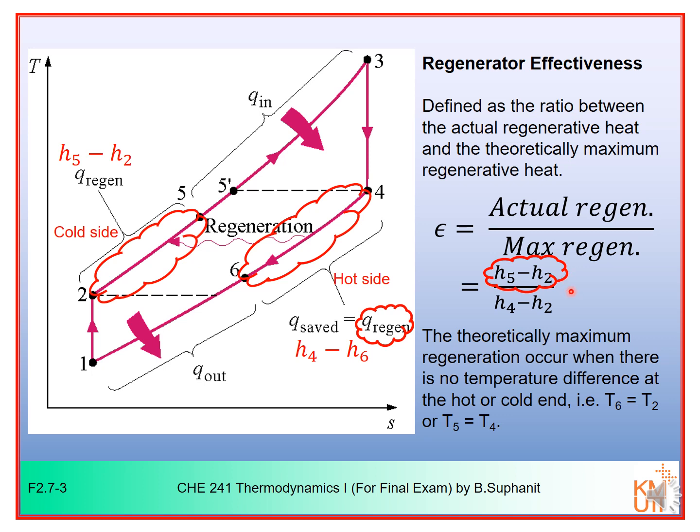Now coming to the next term, the maximum regenerative heat. It occurs when the heat transfer between hot and cold streams has reached the theoretically maximum possible amount, at which there is no temperature difference at either hot or cold end, which is T6 equal to T2 or T5 equal to T4.